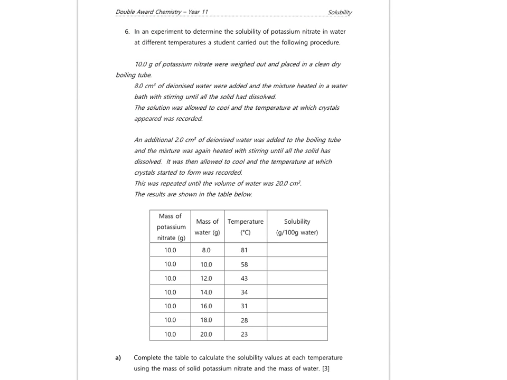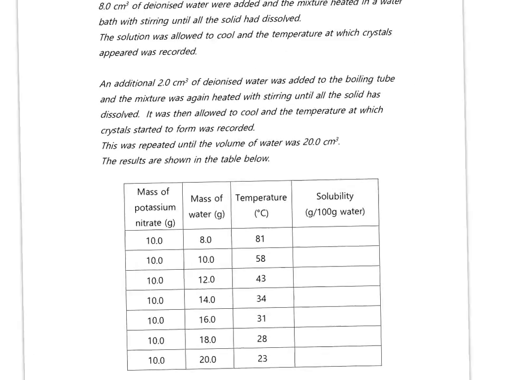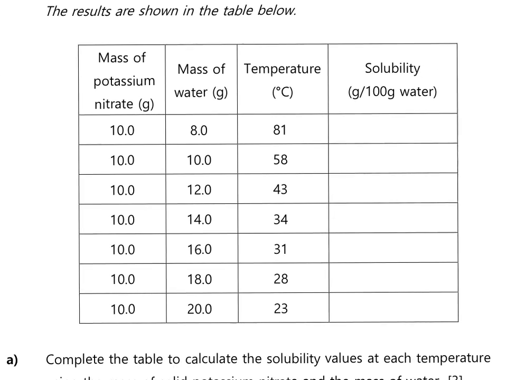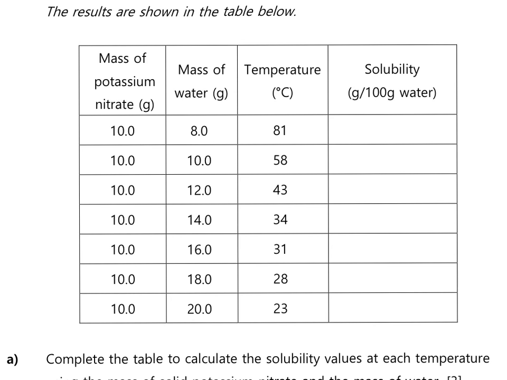Question 6 on page 22 has a similar example to this. The start of the question describes an experimental technique used to determine the solubility of this potassium nitrate salt. We have been used to using the same mass of water, so 10 grams of water, and changing our value of the solute.